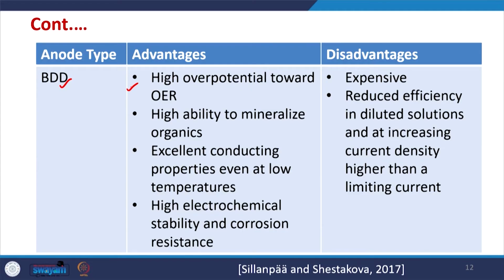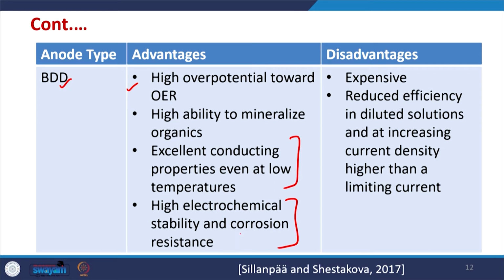Then we have boron doped diamond electrodes which have been reported in large number of studies. They have the advantage of high overpotential towards oxygen evolution reaction, high ability to mineralize large number of organic compounds, excellent conducting properties at low temperatures as well, and high electrochemical and chemical stability.